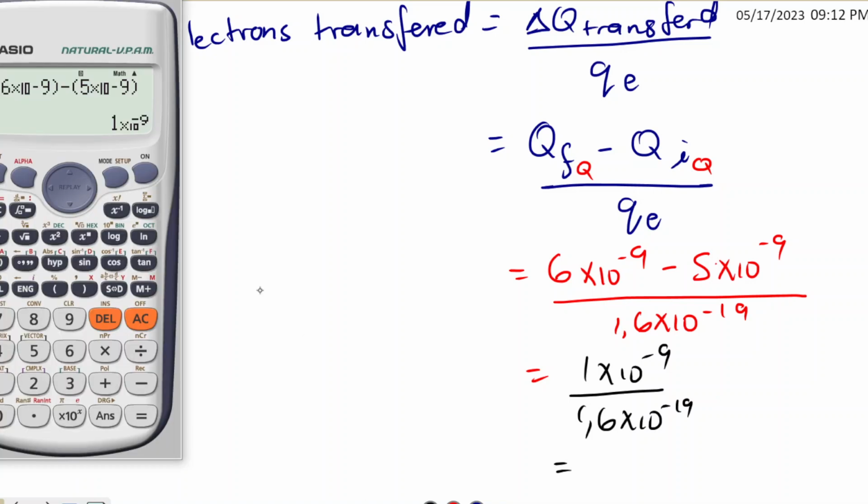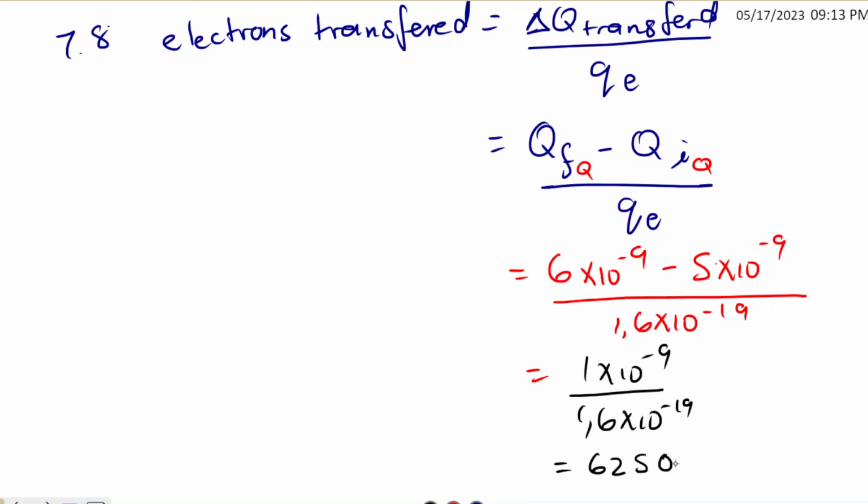So we need to find this value. This is the number of electrons that will be transferred. That is 6.25 followed by 7 zeros, that is 6, 2, 5, and 1, 2, 3, 4, 5, 6, 7 zeros. So this is the number of electrons that will be transferred.